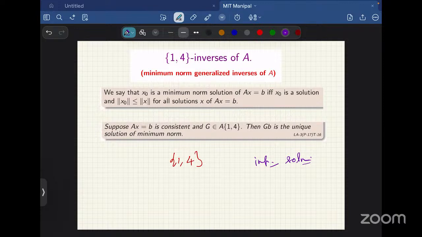That solution is called the minimum norm solution. Among all possible solutions, we have too many, so we can find the one which is nearest to the origin. Therefore, when we know a 1-4 inverse, as I said earlier, last time we had the least square solution; this time we have the unique solution of minimal norm.